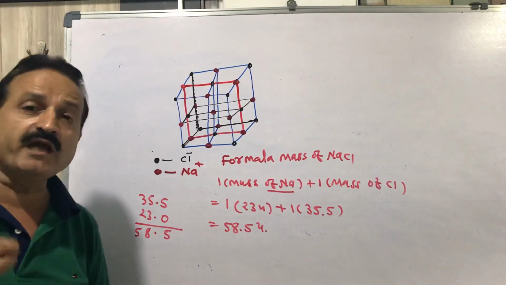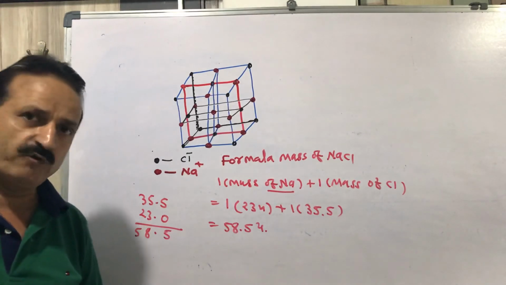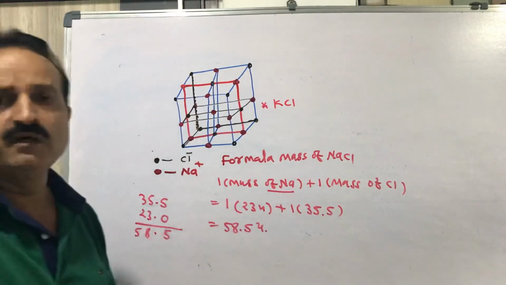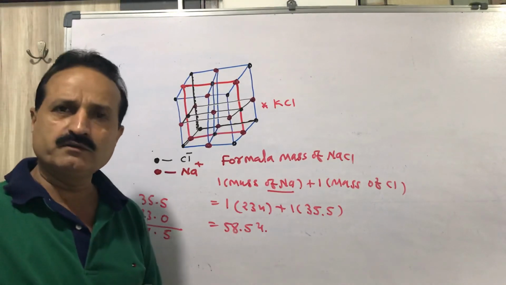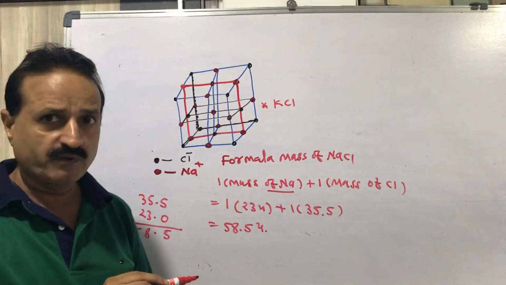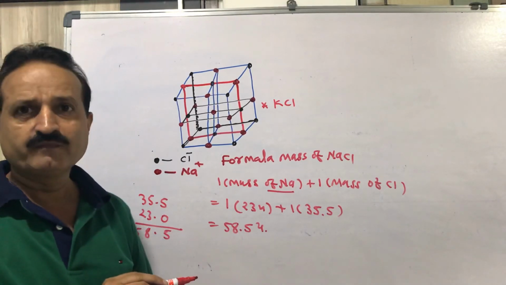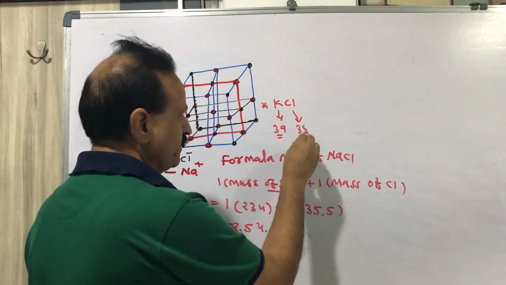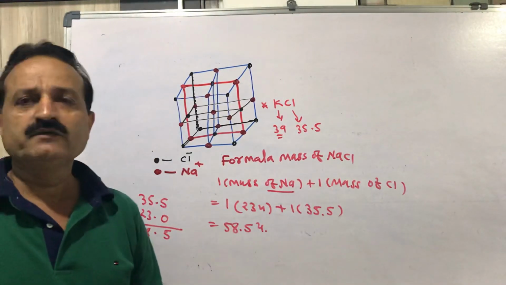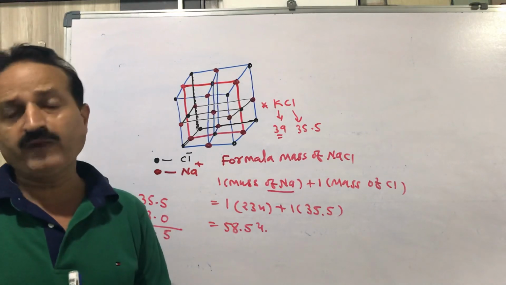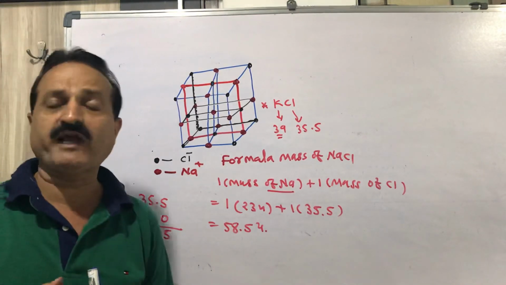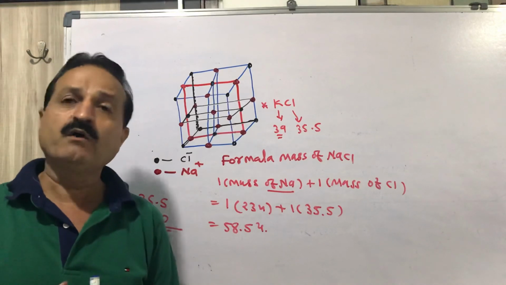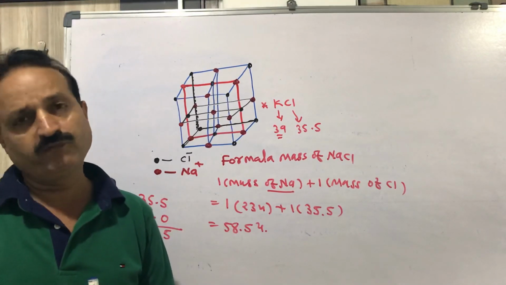You can calculate the formula mass of any ionic compound. Suppose KCl: because it is an ionic compound, it is a simple example related to NaCl. The atomic number of potassium is 19 and its atomic mass is 39, and for Cl you know it is 35.5. You can calculate the formula mass of any ionic compound using its atomic masses. Since an ionic bond is present, we do not say molecular mass, we say formula mass.